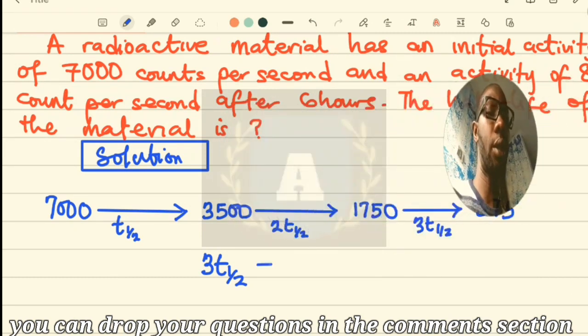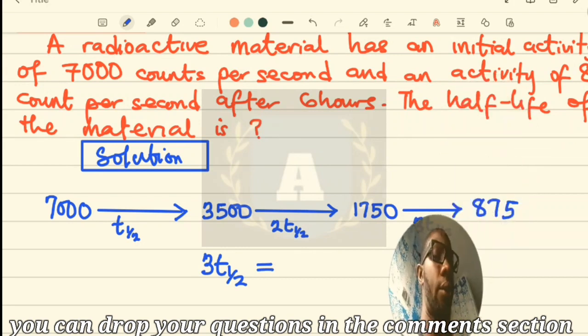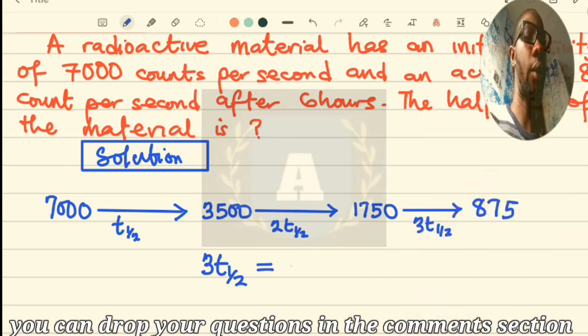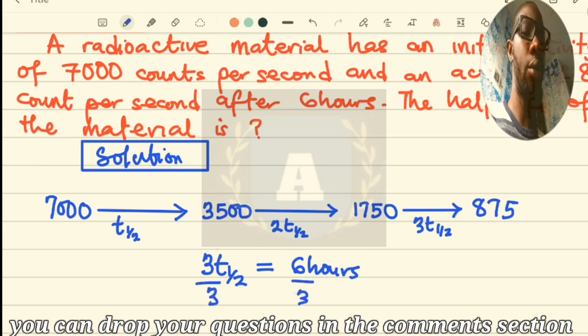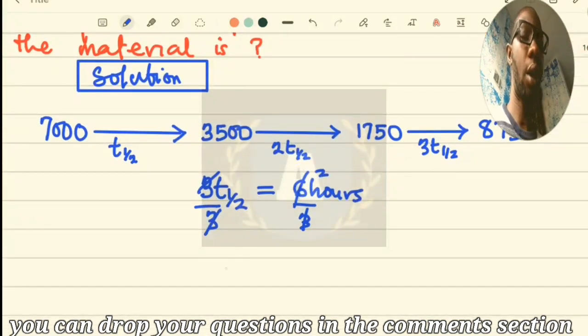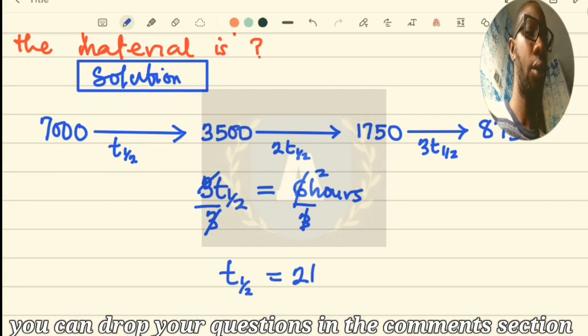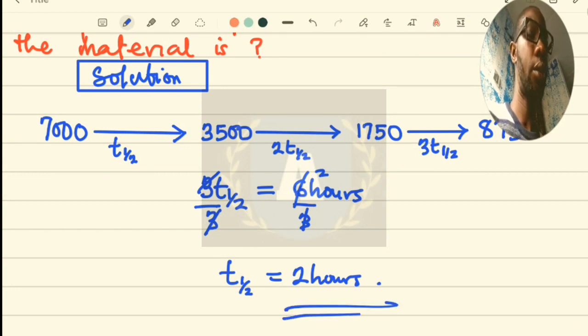So you now say 3 half-lives is equal to 6 hours. You divide both sides by 3 to know the actual value of the half-life, which is 2 hours. So the half-life is equal to 2 hours. All right, so that's it.